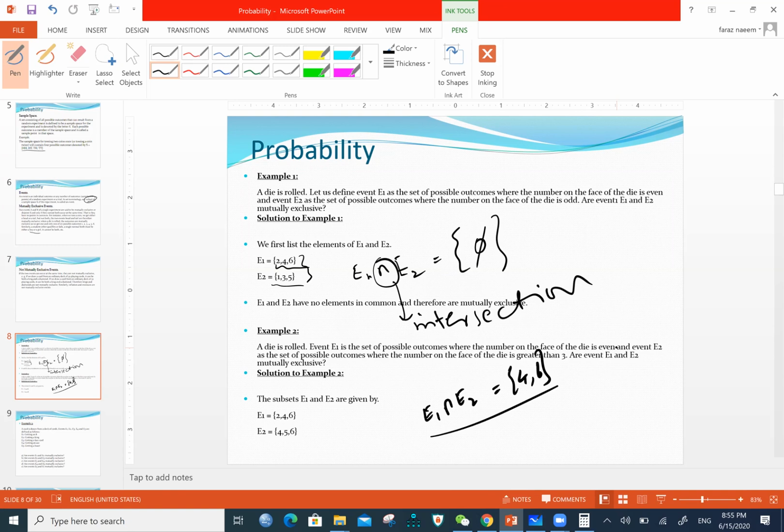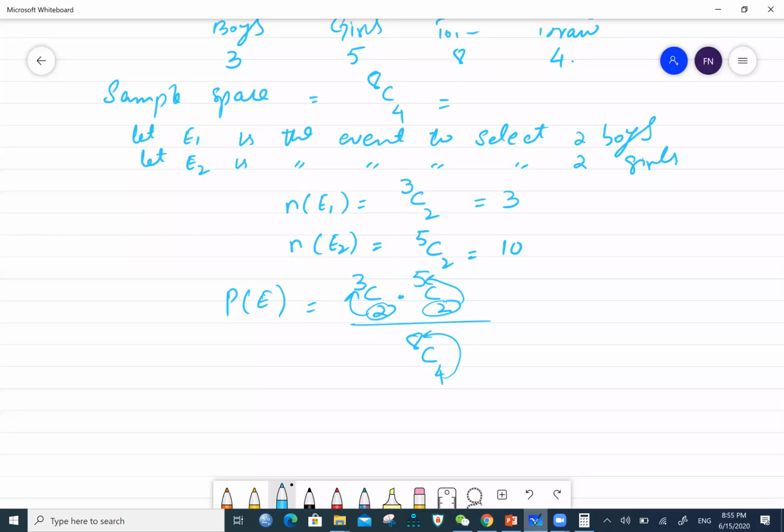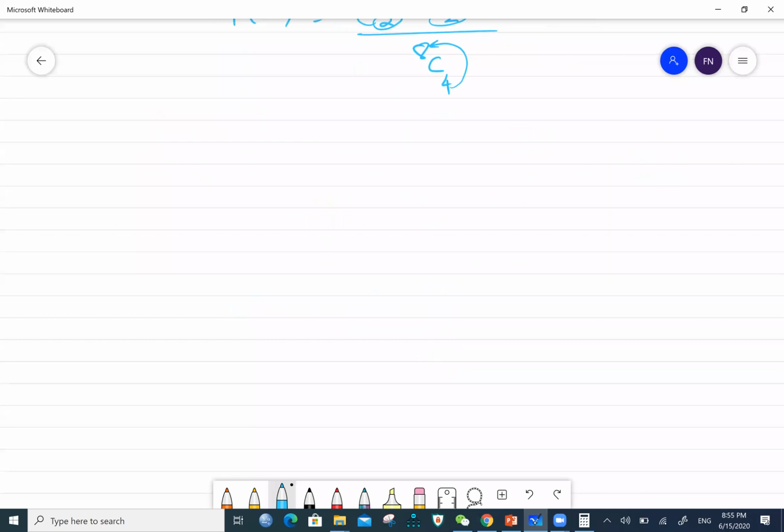Are you familiar with cards? Are you guys familiar with cards? Kind of. Yes. Anyone who is not, I can explain, otherwise we can jump into the next example.